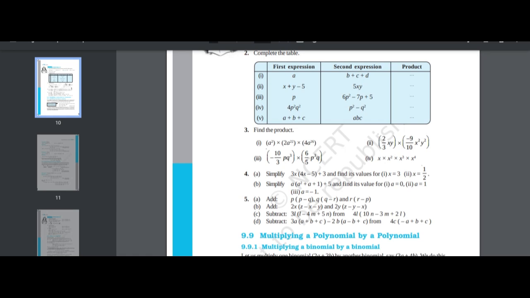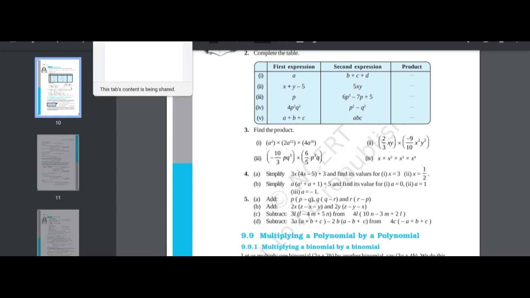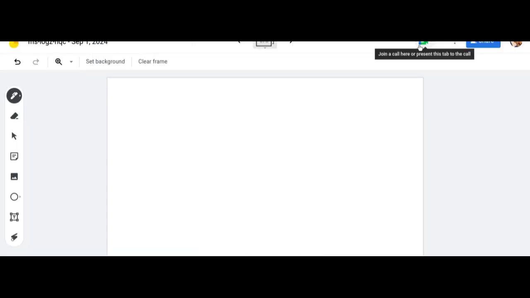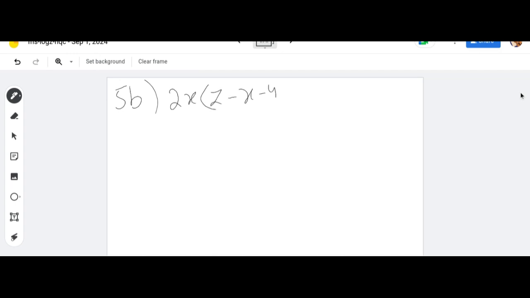Okay, I will do the B and D parts. So for the fifth, B part, these are the two expressions. The first expression is 2x(z minus x minus y).